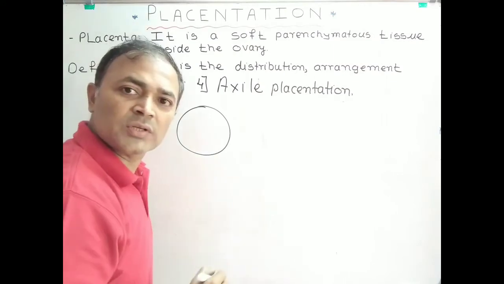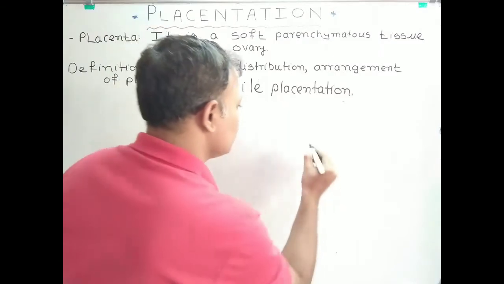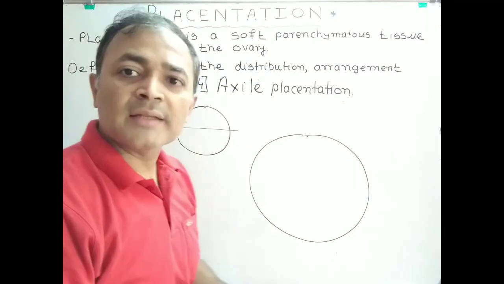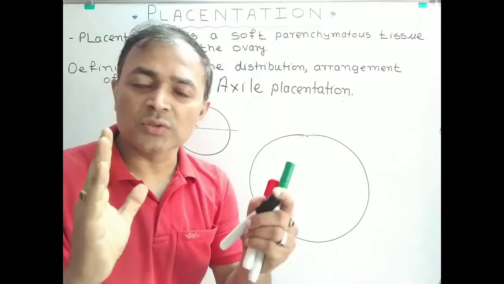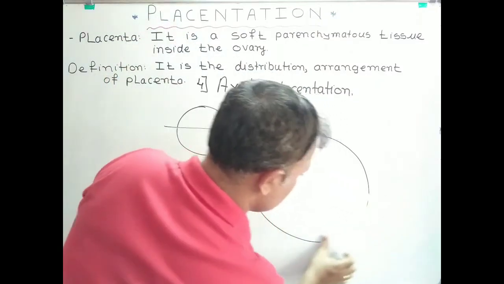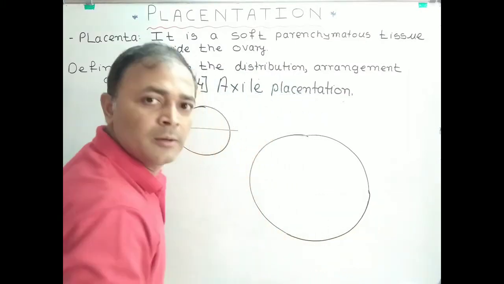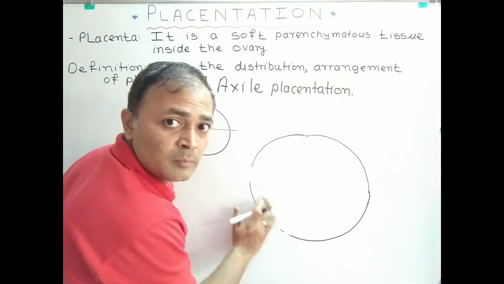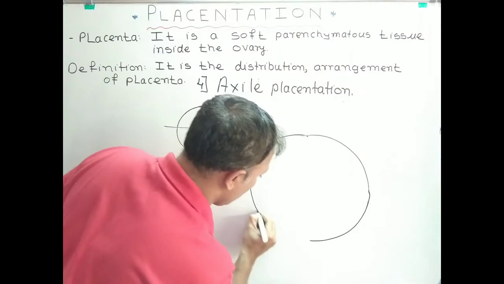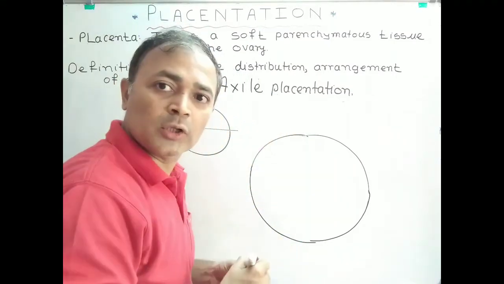When we take a transverse section of the lemon, we can see many locules inside. Locules means chambers. Draw correct circle. Now there are locules inside. Let me draw the locules.